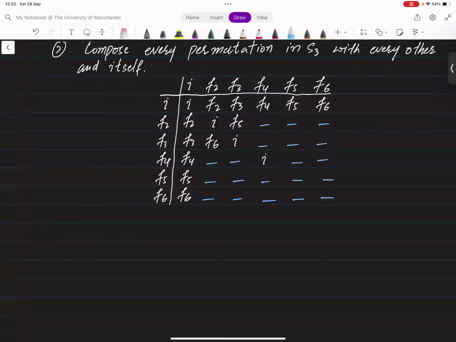Okay. Now, composition also allows us to define powers of permutations in a natural way, because in permutations, composition is multiplication. So you can say that if f is a permutation of a set, we denote f squared to be the permutation which we just did here.